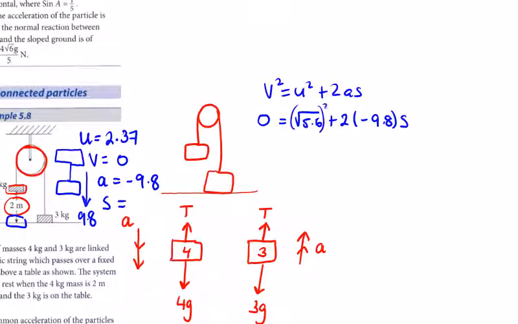So that's going to be 5.6 divided by twice 9.8, which gives me the distance that it will travel. Does that work out evenly? 2.8 over 9.8, 28 over 98, which is 2 over 7 meters. And that's how far it will travel before it starts to come back down.